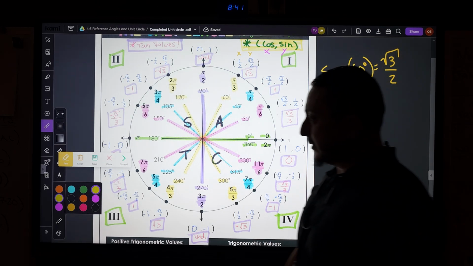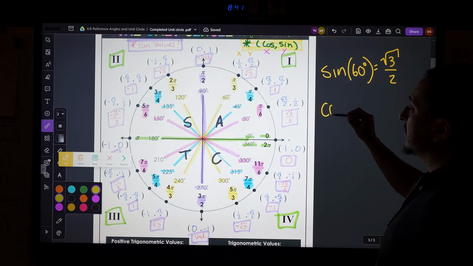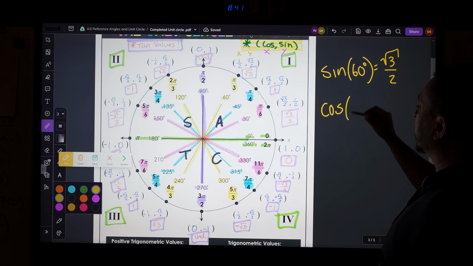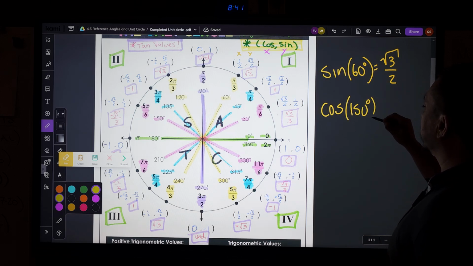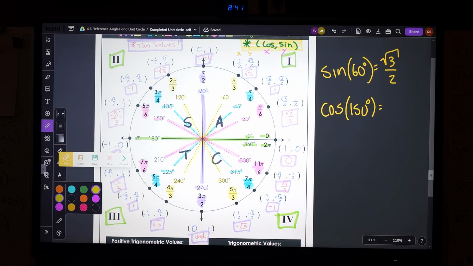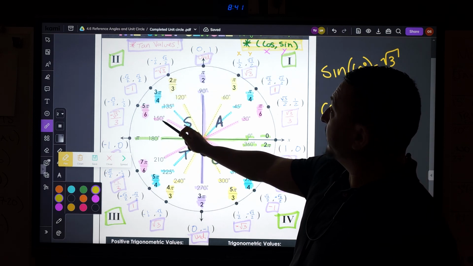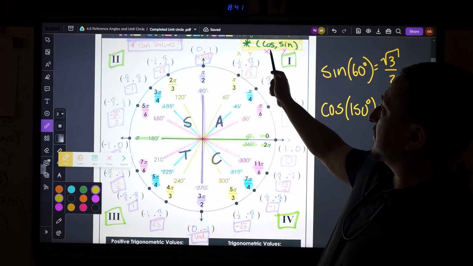Let me do another one. Let's say they asked you, what is the cosine of 150 degrees? Pause the video real quick so you can see if you understand. You probably already got the hang of it. But real quick, I look for 150. There's 150. Cosine is the x value.